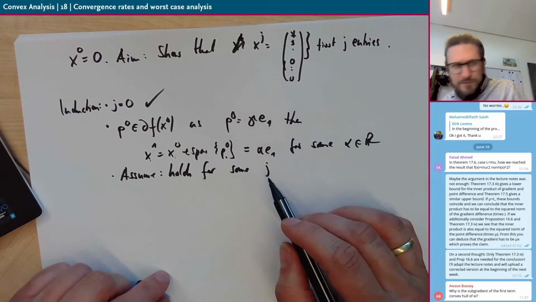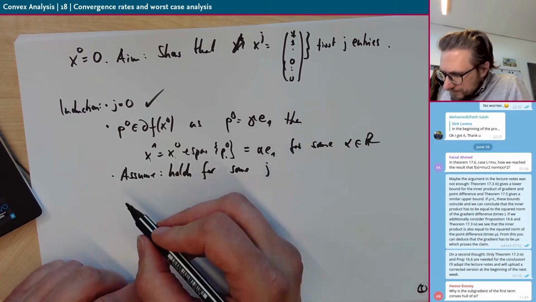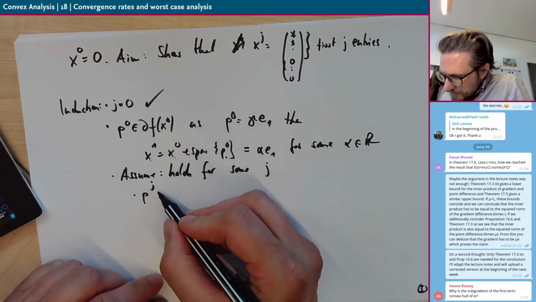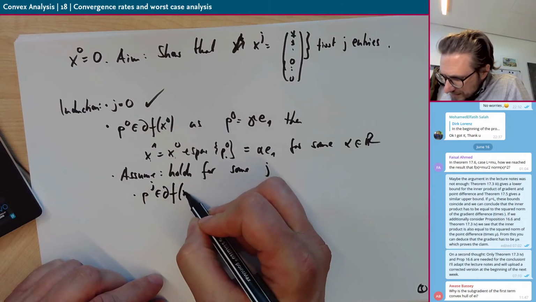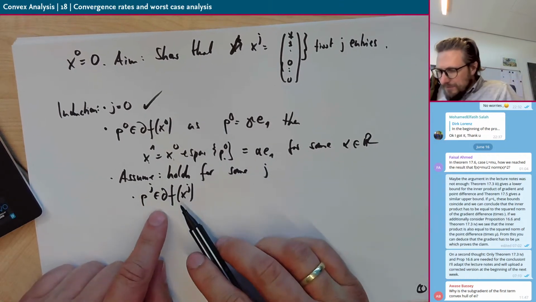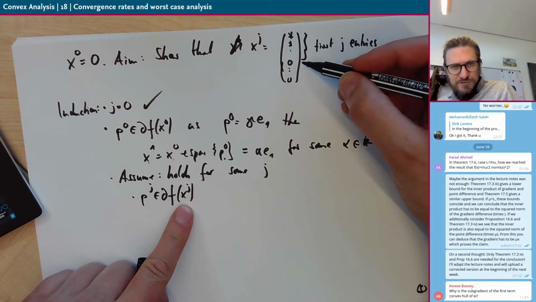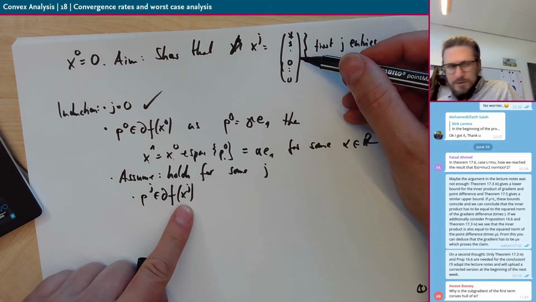So if the claim holds for some j, then what subgradient should we take? And again, if the claim holds for this xj, it only has non-zero entries in the first j coordinates.